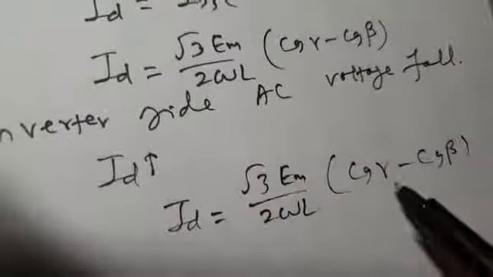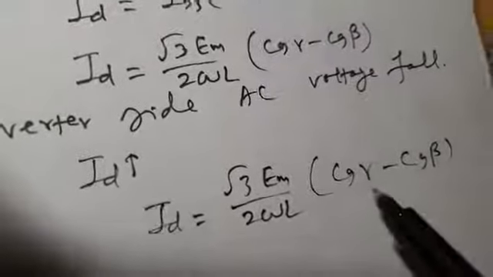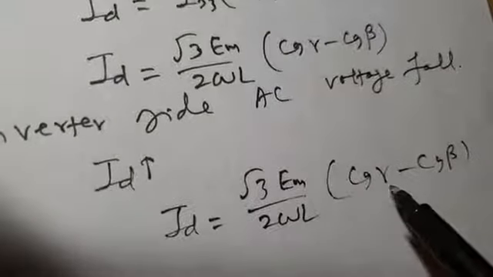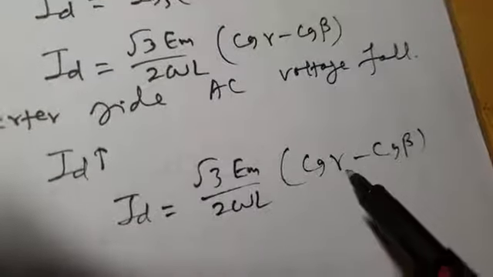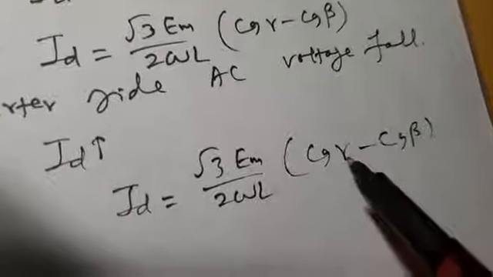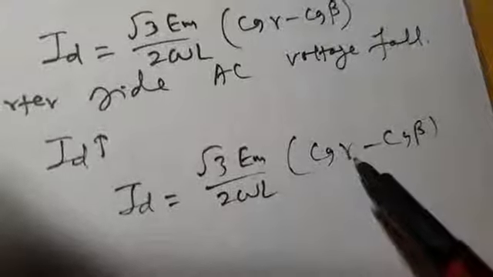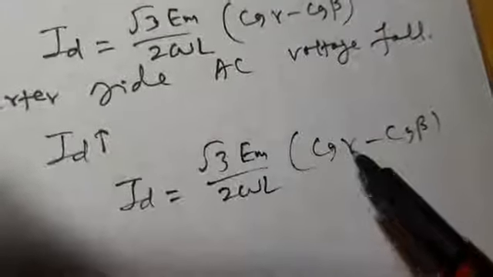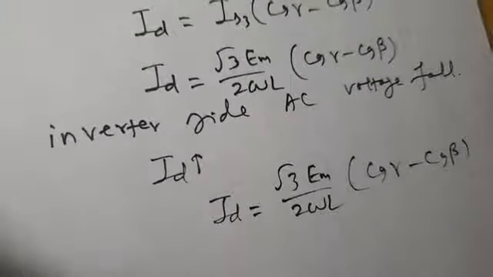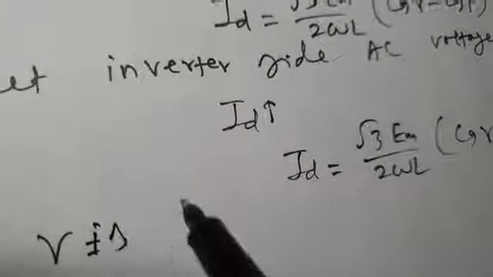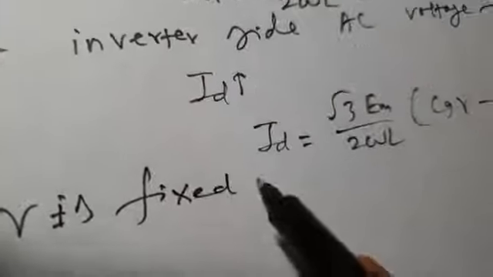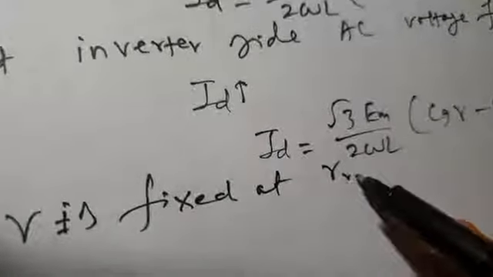Now, when ID increases, gamma may decrease and may become less than gamma ref, the reference gamma, which is gamma minimum, and commutation failure may occur. But what will the controller do? It will try to maintain gamma constant, equal to gamma ref. So gamma is fixed at gamma ref. It is always made equal to gamma ref.